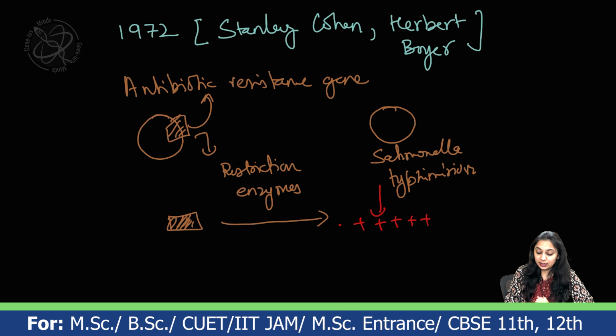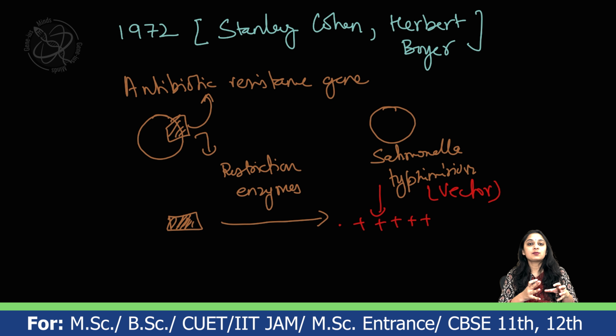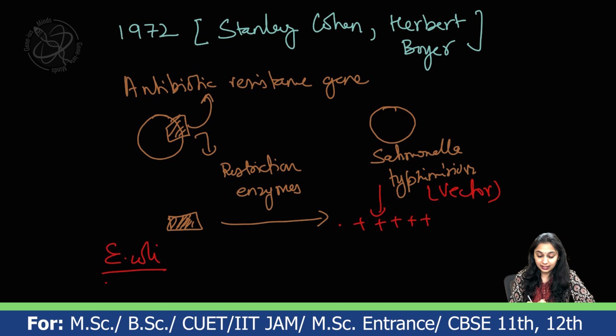Now this Salmonella is acting as a vector. It is going to just transport this gene into the organism. So what organism did they use? They used E. coli, Escherichia coli, which shows similarity with Salmonella typhimurium.